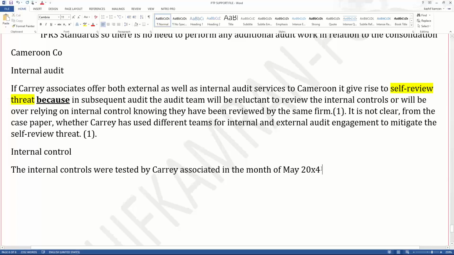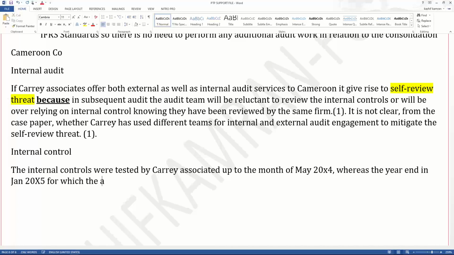In the month of May, the controls were tested by Carey Associate up to the month of May 20x4, whereas the year end is January 20x5, for which the audit is being performed, because the report has already been issued.